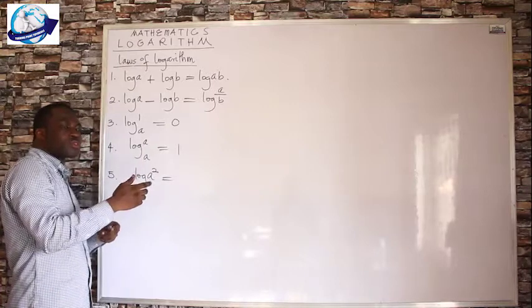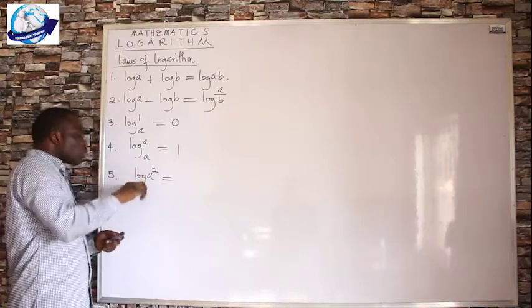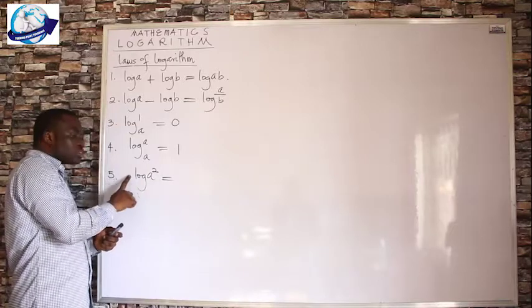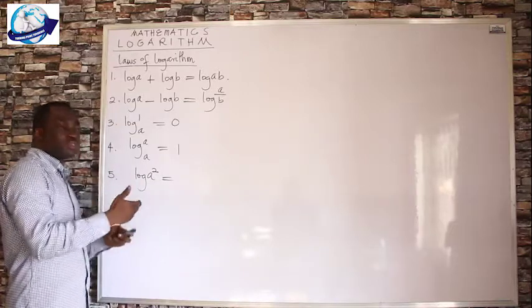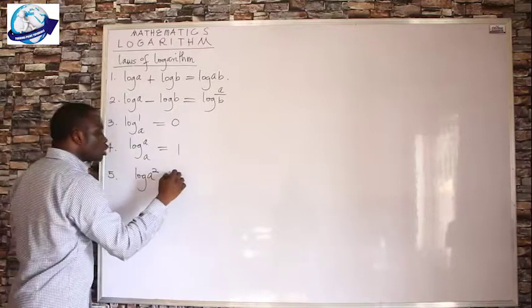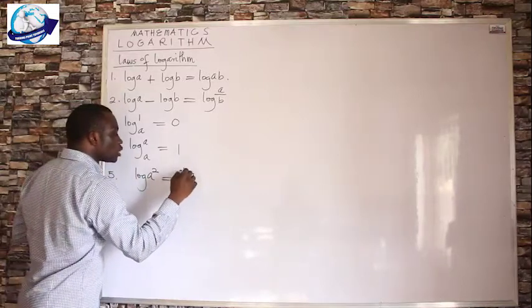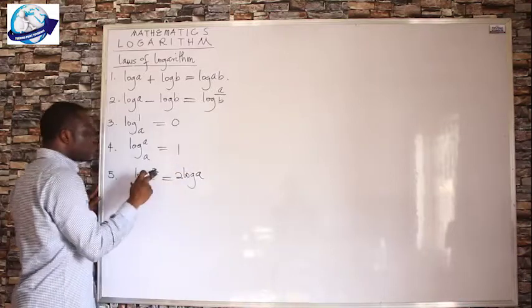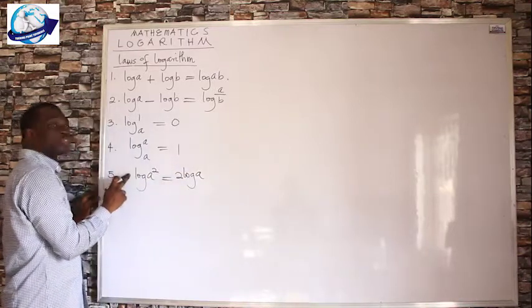And in some cases, they might give you the logarithm with the power already at the back, and you may need to take it back as a power. So log A raised to power 2 becomes 2 log A.